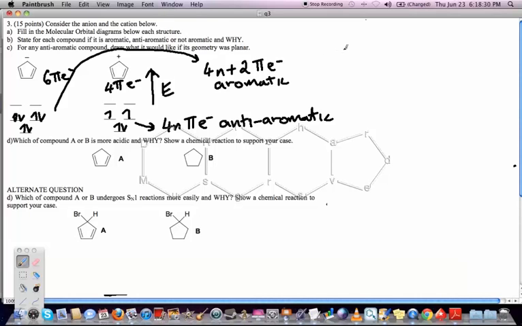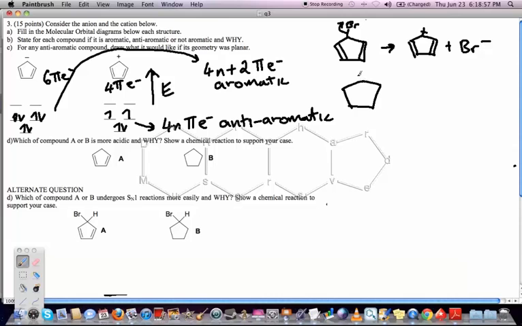Alright, so our first step will be to take the original compounds. I won't worry about the hydrogen, just worry about the bromine. And we'll take the bromine away, and that will leave us with this cation and Br negative.